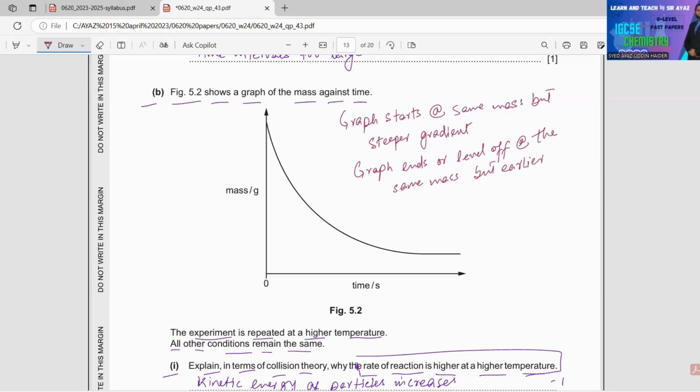So I will start from 0, but will have a steeper gradient, meaning it will be like that. See, it's leveling off earlier. Must be like that.